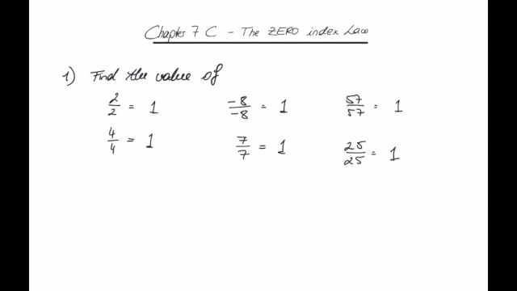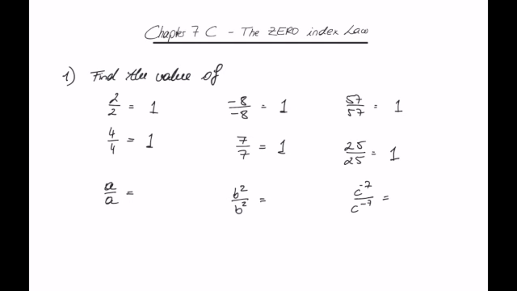So what if we have a over a? What if we have b squared over b squared? Or maybe c to the negative 7 over c to the negative 7.